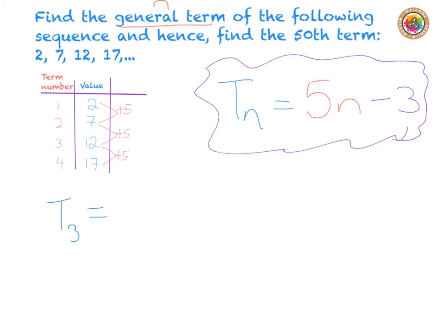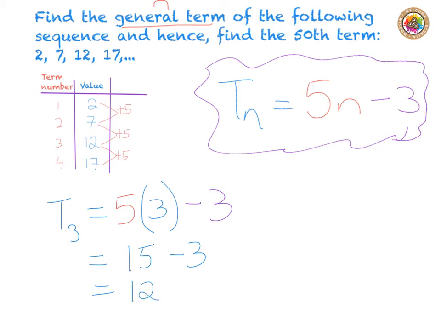That equals 5, and now instead of n, I'm going to use my 3, and from my formula I have minus 3. 5 by 3 gives me 15, 15 take away 3 equals 12. And if I go back up and have a look, the third term is equal to 12. So I know this formula is correct.